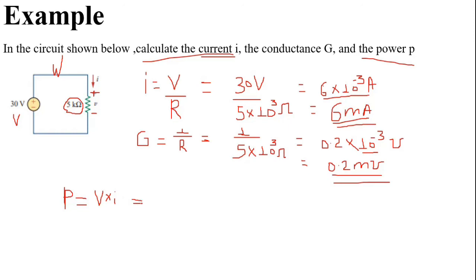If we substitute the value of voltage across this element, 30 volt, times the current passing through this element, which is already calculated, 6 milliampere, this can be simplified as 180 milliwatt.